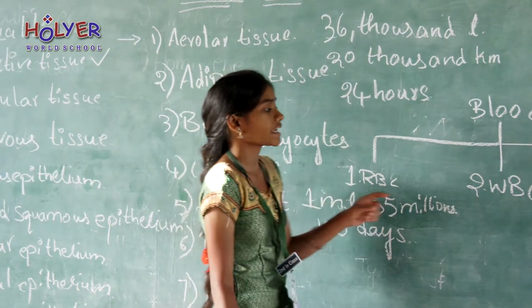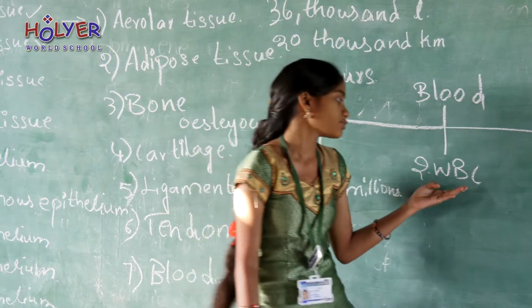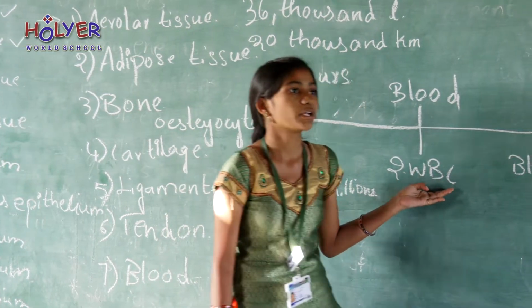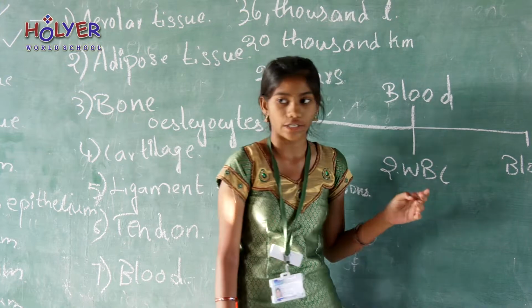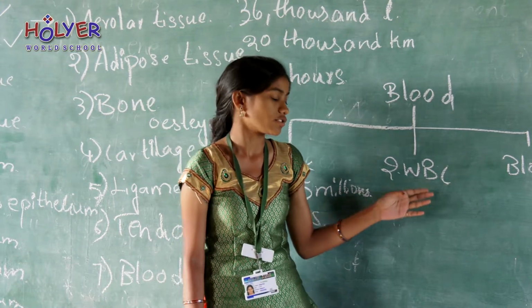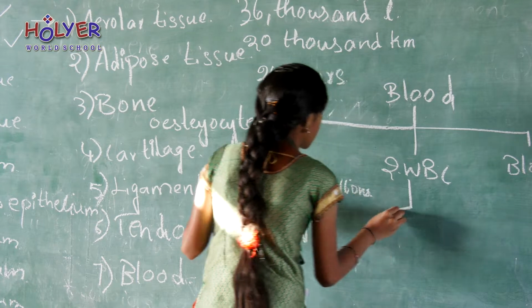Next, coming to the second type, WBC, which means white blood cells. These white blood cells are colorless because there is no hemoglobin, and they are also known as leukocytes. They are further divided into two types, granulocytes and agranulocytes.